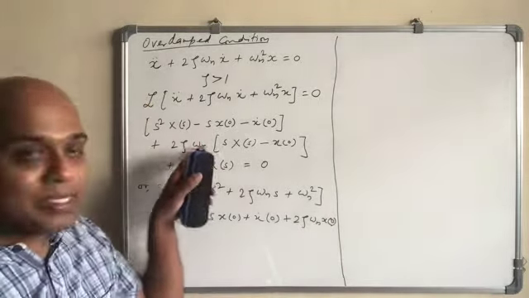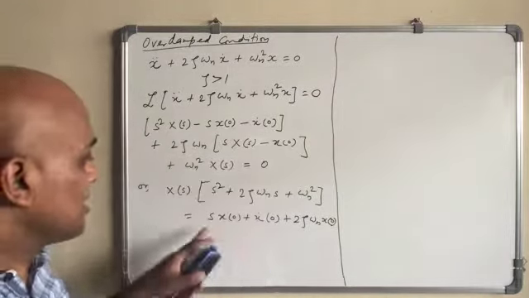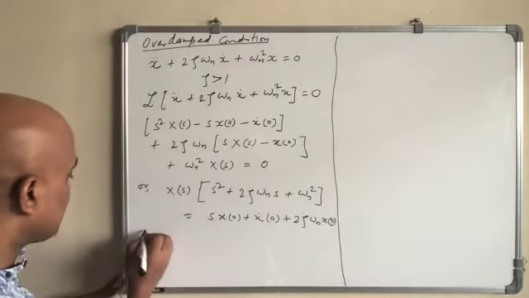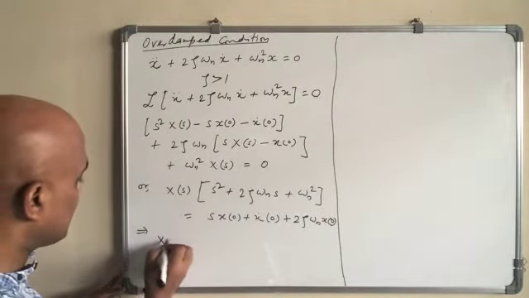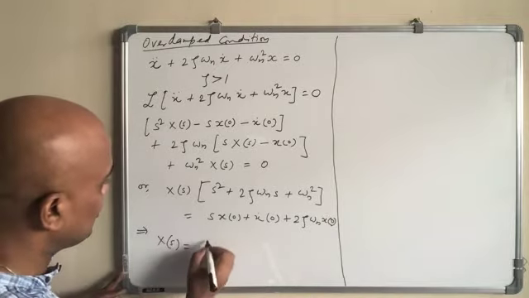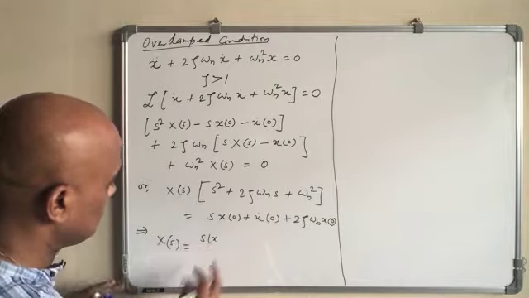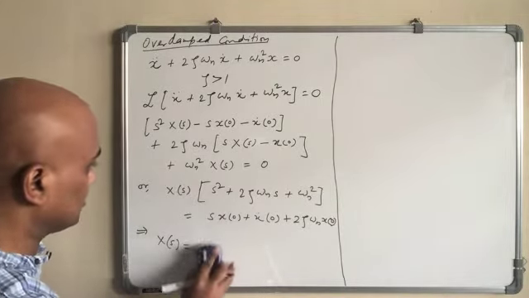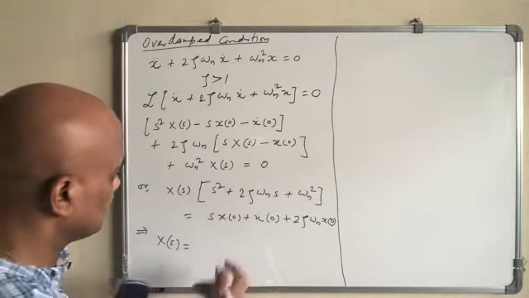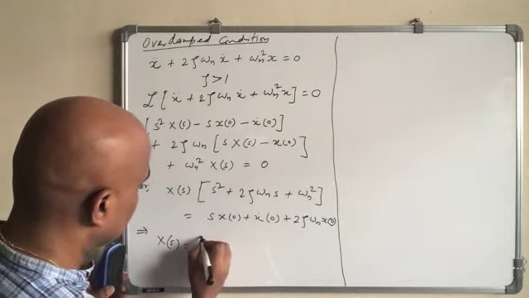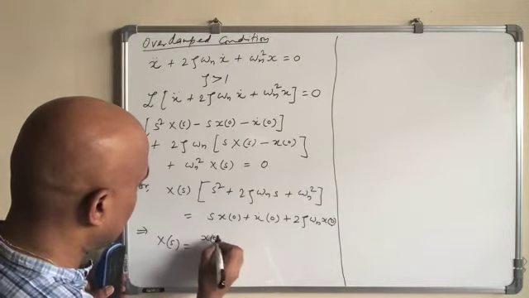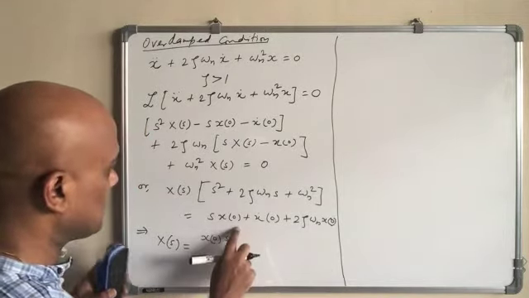Okay, 2 zeta omega n x0, we have like this, and hence we find X(s) equal to s x0.